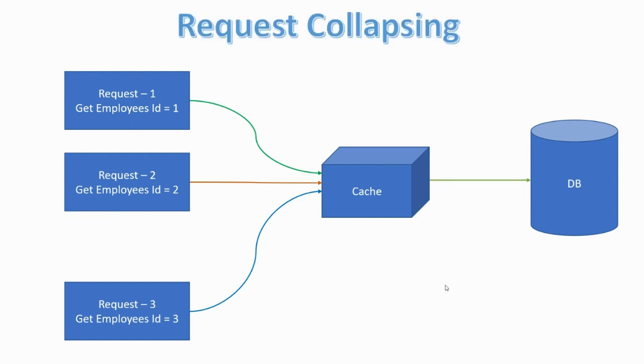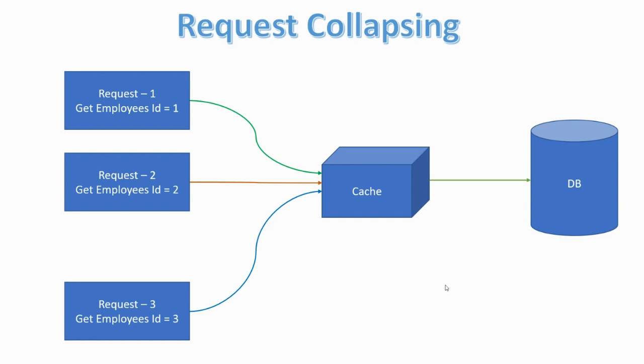As you can see in this next figure, whenever the client requests with ID equal to 1, we will fetch the entire employee record from the employee table and update the cache at once. Therefore, there is only one request made from the cache to the DB, a single call which gets all the records from the employee table and updates the cache.